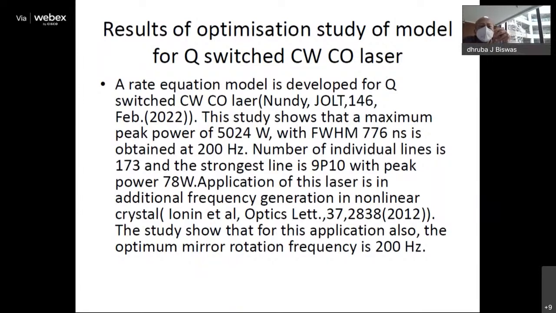If n is the number of lines, new lines generated is n square by 2, so it is proportional to n. And if the peak power of the strong line is very high, then the nonlinear generation process is very good. Our study shows that again 200 hertz is the best operating frequency for this application. Thank you. That is all.